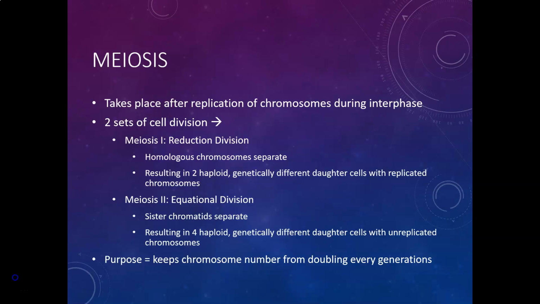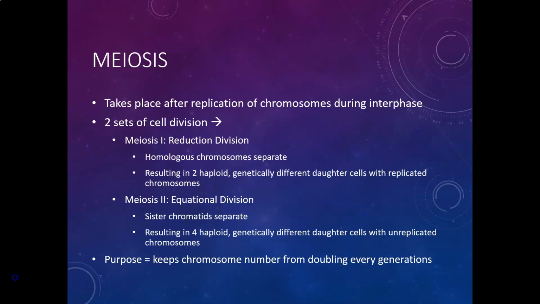All right. So when we talk about meiosis, a couple of things to remember is that this is ultimately going to proceed as two rounds of cell division. The only time that the chromosomes replicate is during the initial interphase. So we're still going to go through that cell cycle.